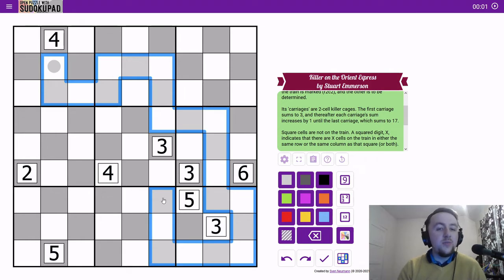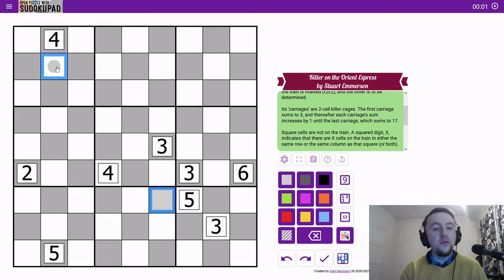It just means that the 2 ends of the train will have to be on opposite square parities. We won't be able to get from one end of the train to the other end with any number of bishop moves in chess, is another way to think about it. So that's a useful piece of information. Once we know the square parity of one end, then we can use that information to work out the other end and vice versa.